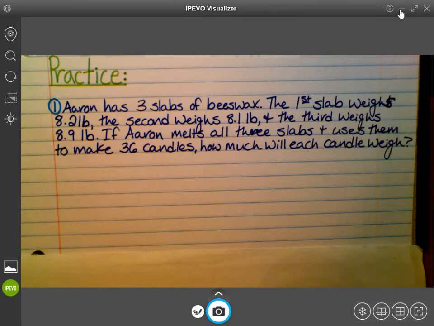If Aaron melts all 3 slabs and uses them to make 36 candles, how much will each candle weigh? So once you're done writing that down, put a thumbs up on your desk for me. And use the lines in your notebook like I did. If you're going off of the lines, you're going to take up a lot more room than you need to, and you won't have enough room to solve.